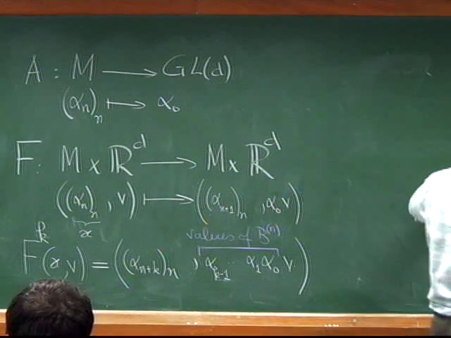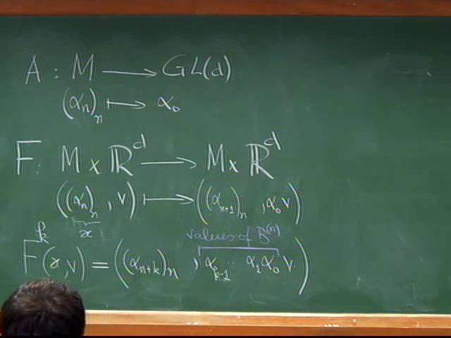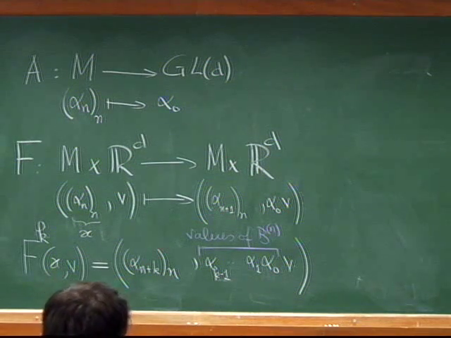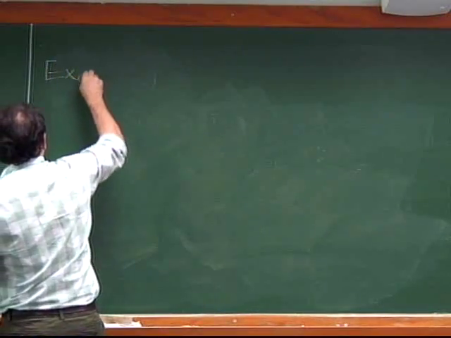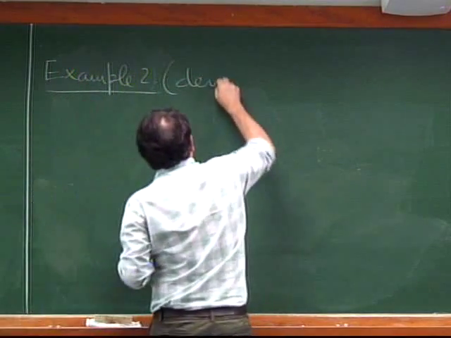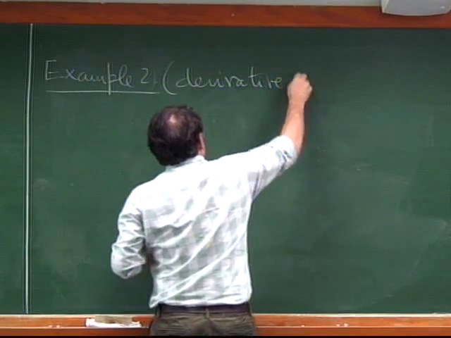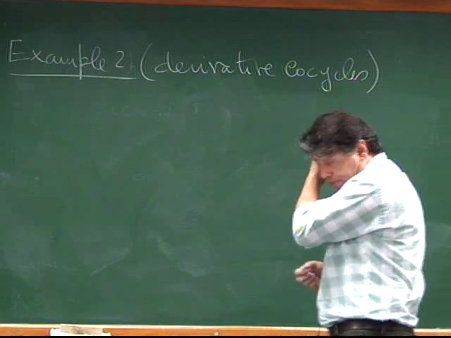The second example is, in a sense, closer to our experience. And I'm going to refer to it as derivative cocycles. It goes like this.